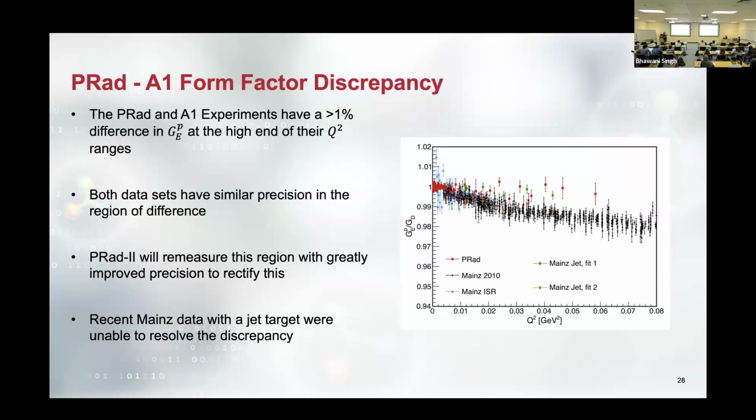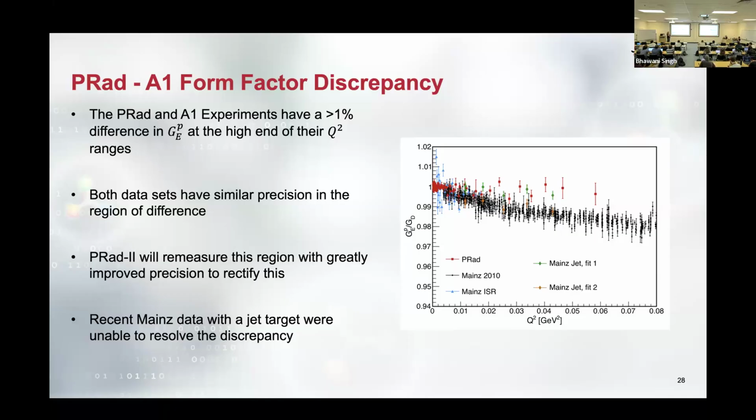That's not to say that it's wrong. That's just a caveat that has to be said, that there's perhaps more model dependence to that than PRAD, but that also doesn't mean that PRAD's right. That's up for debate and why we're doing another experiment. Both sets have similar precision. And so PRAD 2 really is aiming to get the radius at very small Q squared, but also remeasure this region with a lot more precision, in hopes that we will understand it better and resolve who got it right.